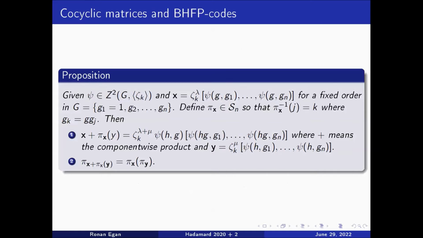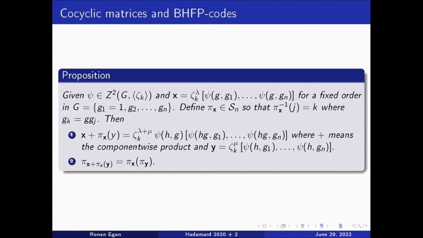Now, I mentioned cocyclic matrices before, and then that kind of got lost in the wash, so time to bring them back. So if I have a cocyclic matrix, or really if I have a cocycle here, I guess, then you remember that the cocyclic matrix was just rows labeled by group elements and columns labeled by group elements. So you can see that this is a row labeled by a particular group element G, possibly multiplied by some scalar.